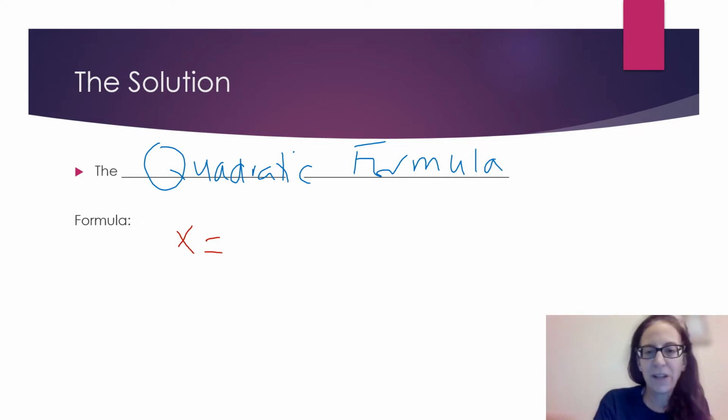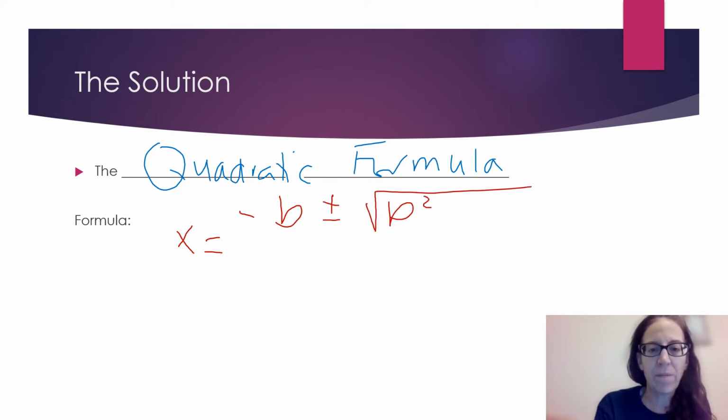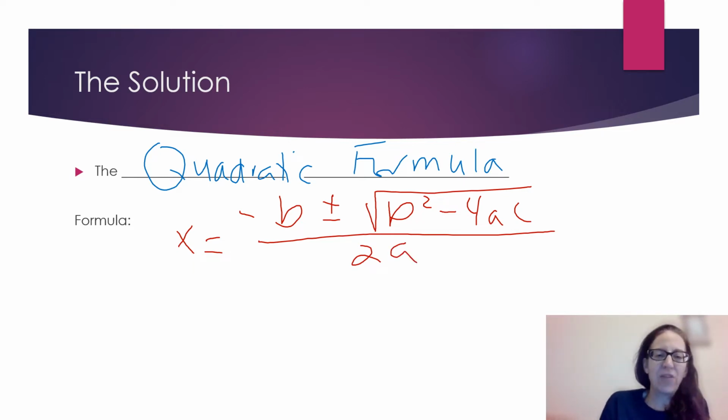The quadratic formula is x equals the opposite of b, plus or minus the square root of b squared minus 4ac, all over 2a. Okay, now typically this formula is provided on most of your reference sheets.